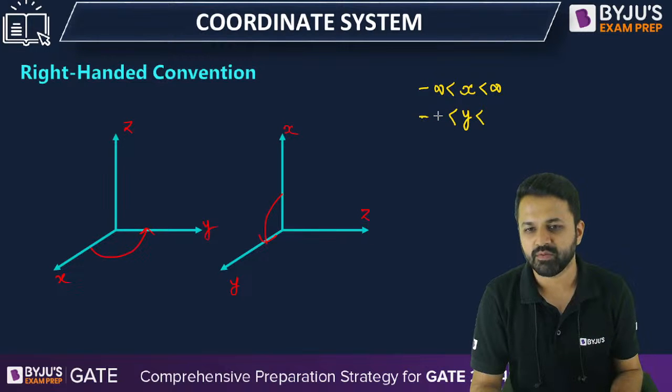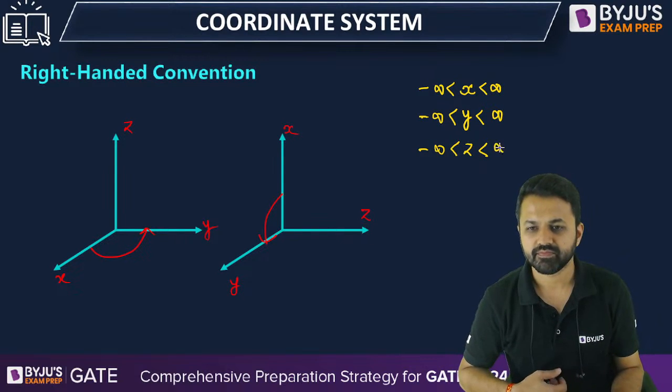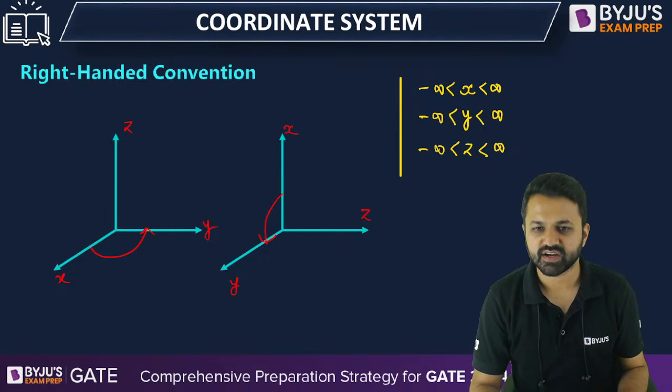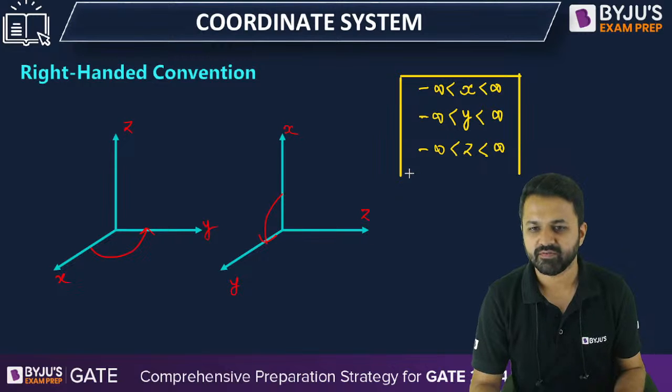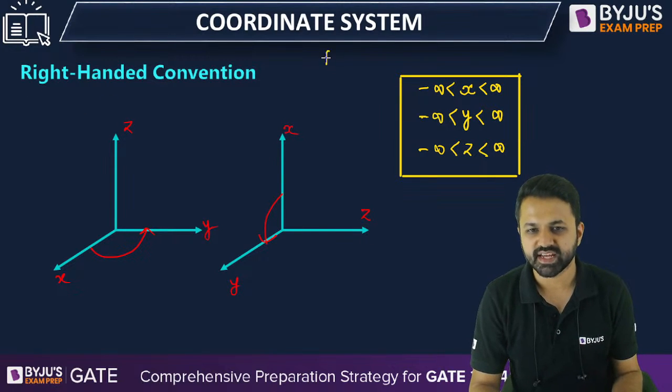The range is from minus infinity to infinity. That is the range of the coordinates x, y, and z, ranging from minus infinity to infinity. So this is the range of the parameters, right?